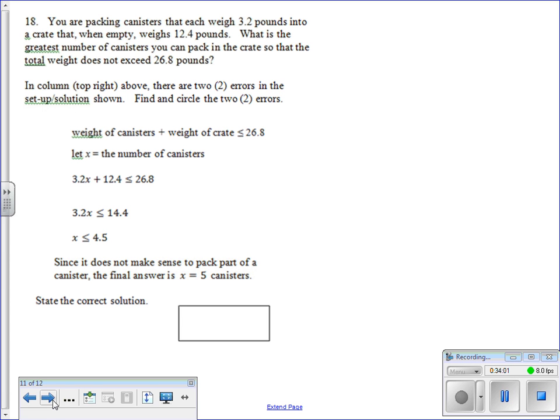So I know that's wrong. Right? What is that? Because I know 3 goes into 14, it's going to be less. 3 going into 14 is going to be less than 5. Right? So I don't know what this is because I don't have my calculator, but I know that's wrong.